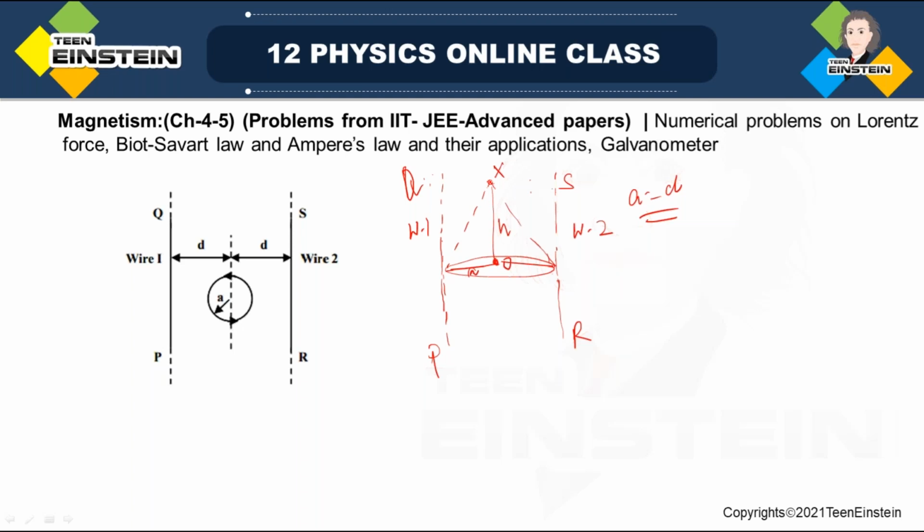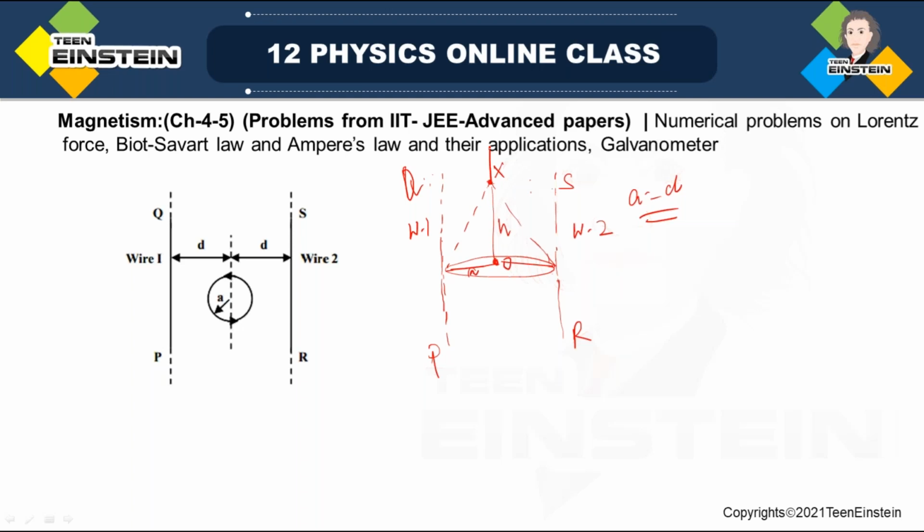So the magnetic field has to be zero at this particular point P or at particular height H only when the magnetic field produced by these two, PQ and RS, cancels. So let us say magnetic field produced by wire 1 is written as B1, and magnetic field produced by wire 2 is written as B2, and magnetic field produced by the ring is Br.